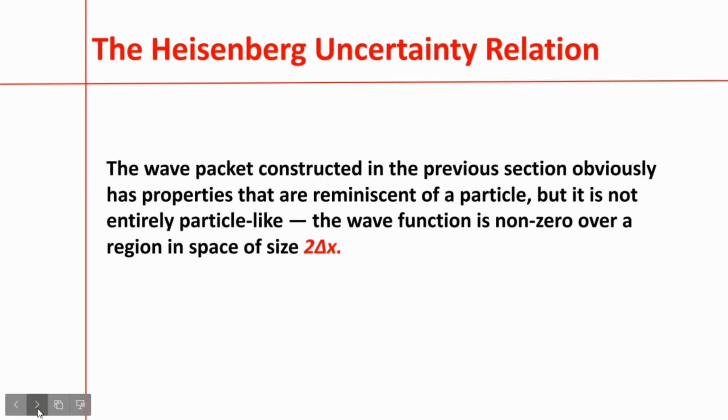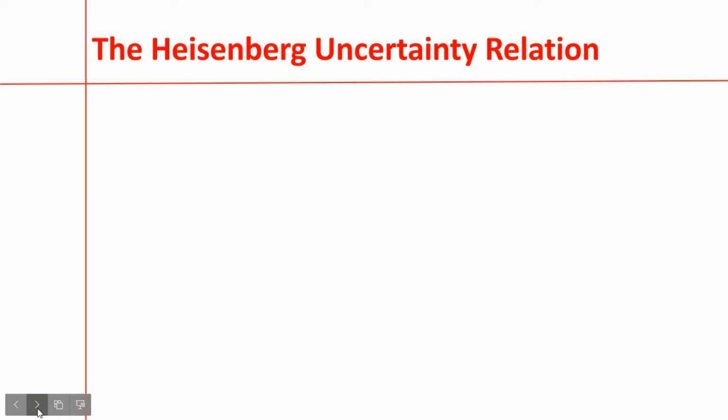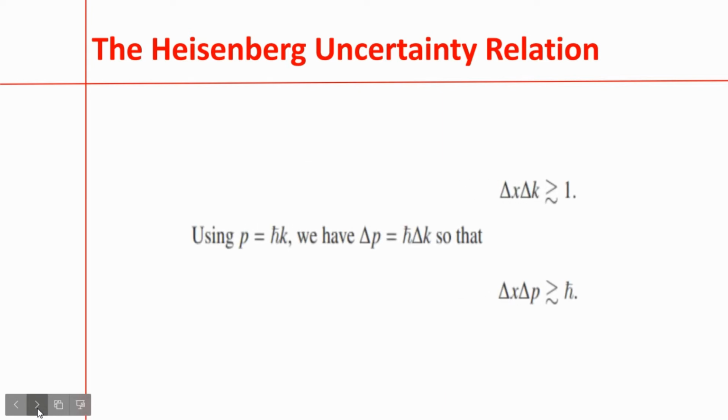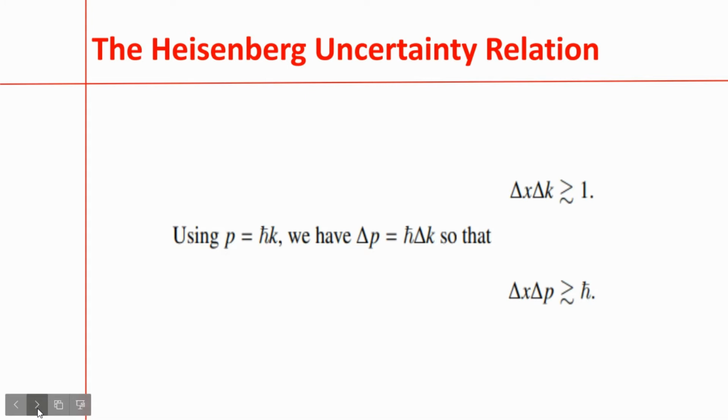These ranges delta x and delta k are related by the bandwidth theorem, which applies when adding together harmonic waves, and tells us that delta x delta k is greater than or equal to 1. When we use p is equal to h cut k, we have delta p is equal to h cut delta k, and after putting this value we get delta x delta p is greater than or approximately equal to h cut.